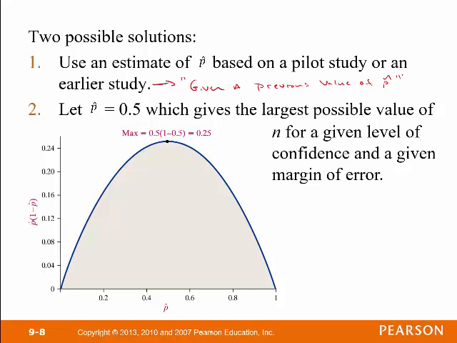The second thing you'll do, when you're not given a previous value of p hat, is let p hat be equal to 0.5. The reason we do this is it gives the largest possible value of n for any given level of confidence and any given margin of error. So in this case, you're just going to oversample a little. This is just always better.